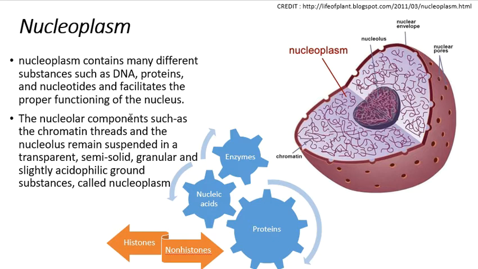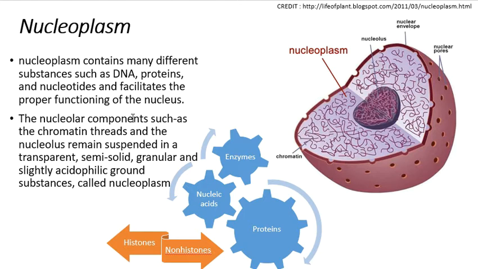The nucleolar components such as the chromatin threads and the nucleolus remain suspended in a transparent, semi-solid, granular and slightly acidophilic ground substance called nucleoplasm or nuclear sap.